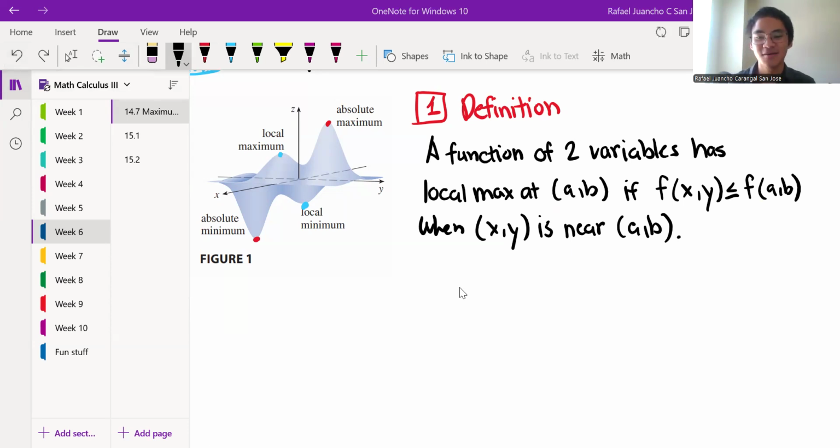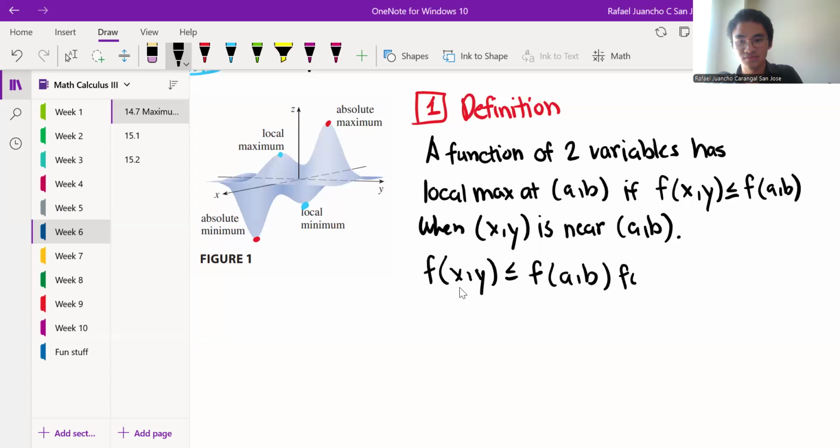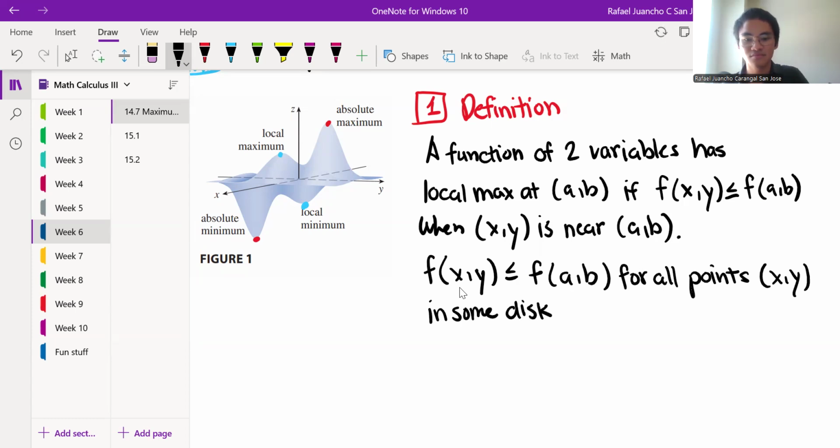Well, when we say near, my f, or my set of outputs here, should be less than my maximum value for all points xy in some disk with center AB, right?